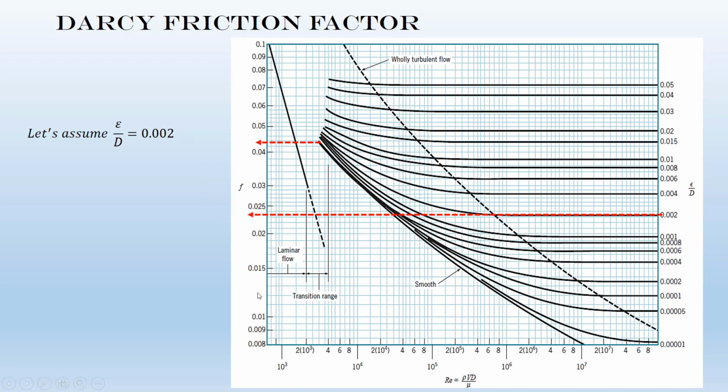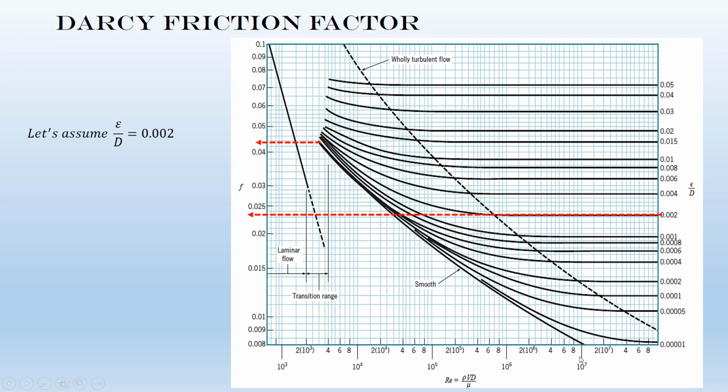It doesn't make sense to select an initial value of F, for example 0.01, for this case, because F is certainly something in this range. But, guys, I recommend you start from 0.023. Why? Because if you select 0.023 for F, this F represents this area for the Reynolds number.